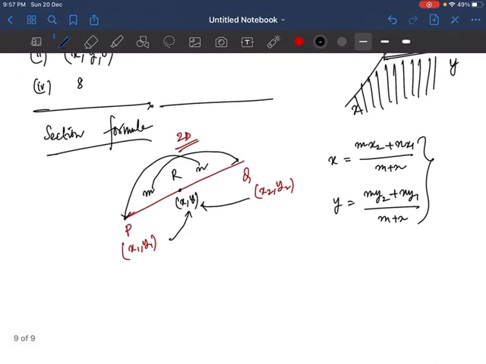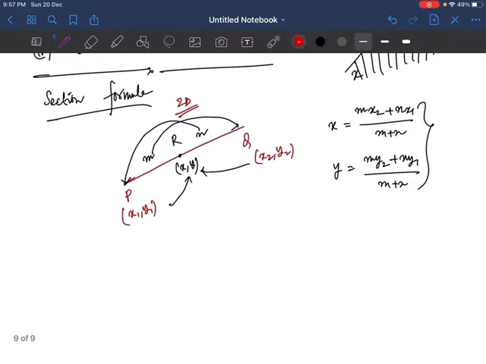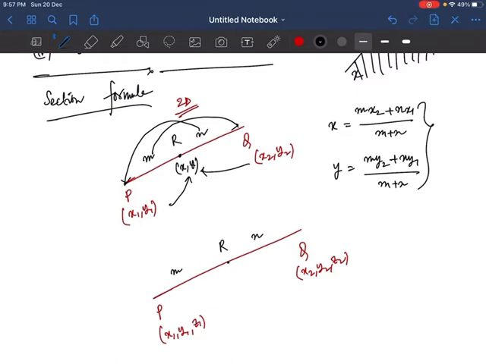So in 3D what will it be? In 3D there is no difference. We have a line made by 2 points. We have x1, y1, z1 and here we have x2, y2, z2. Again we have a point R which divides the line PQ in the ratio m and n, and we have to find the coordinates of R. Here x will be the same formula, y will be the same formula, but there is another thing we have to do, that is z.